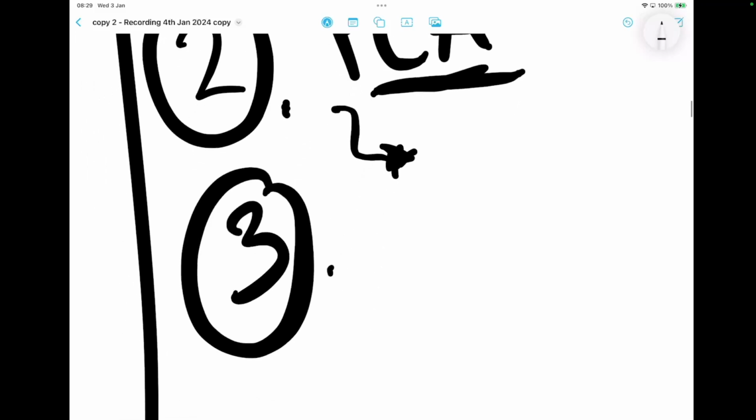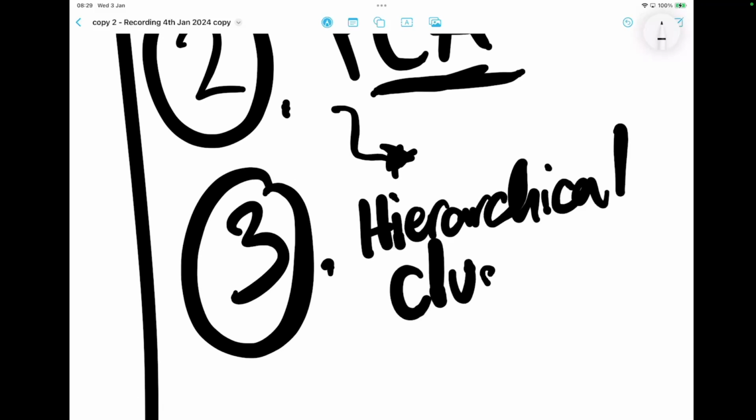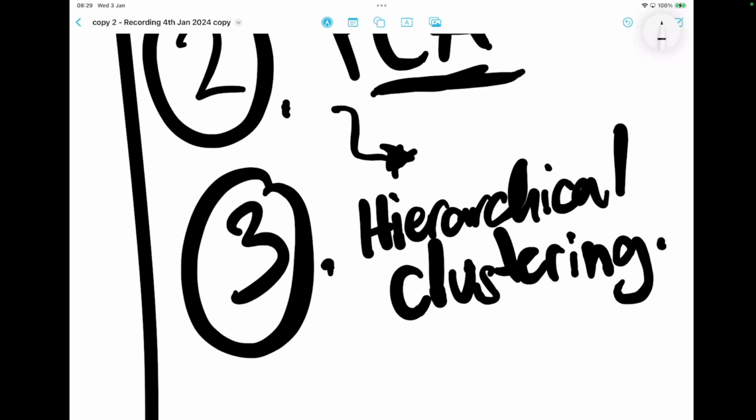The third algorithm in the unsupervised category is hierarchical clustering. With this algorithm, you can build a hierarchy of clusters where each node is a cluster consisting of clusters of the daughter nodes.